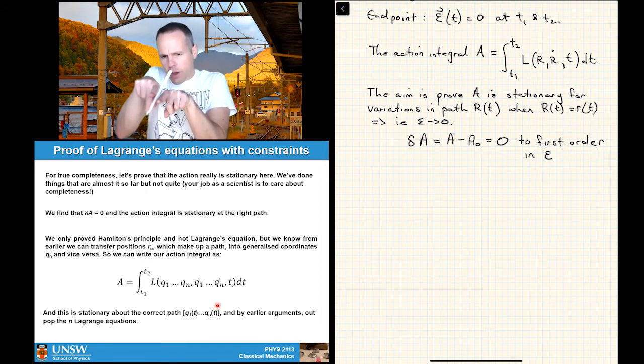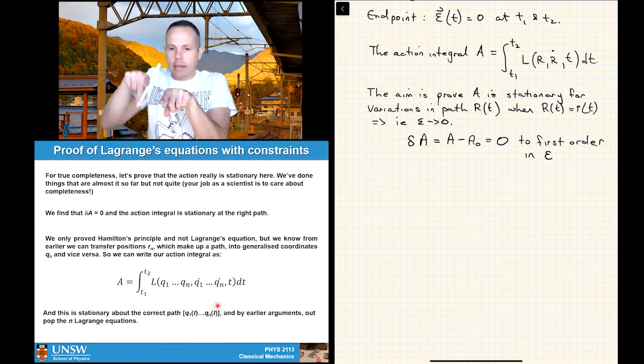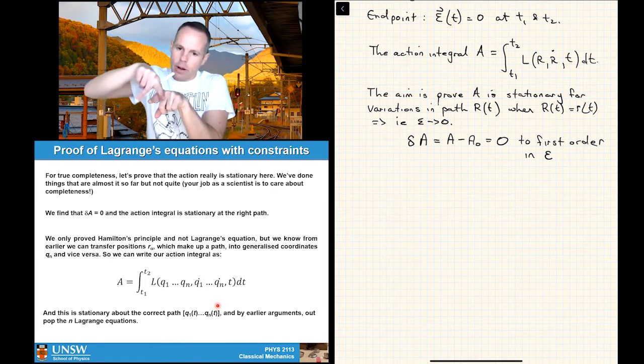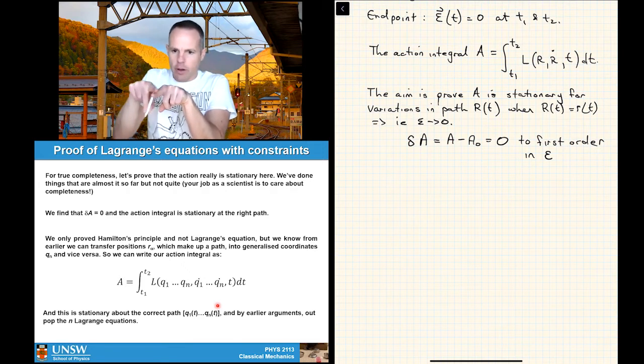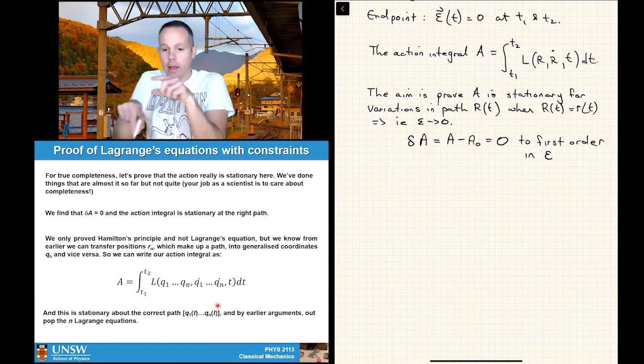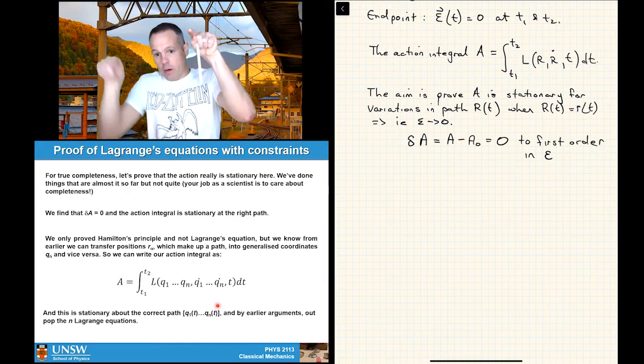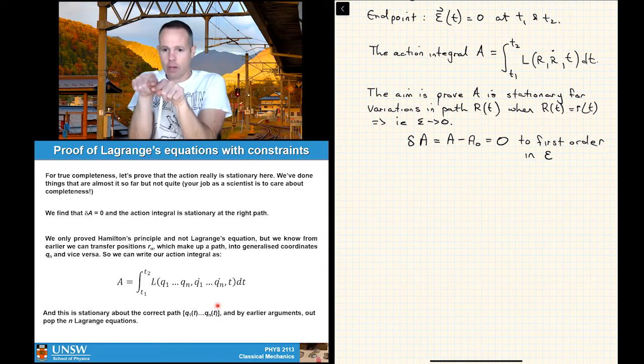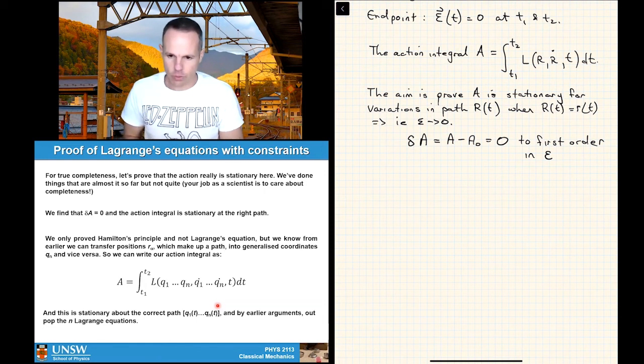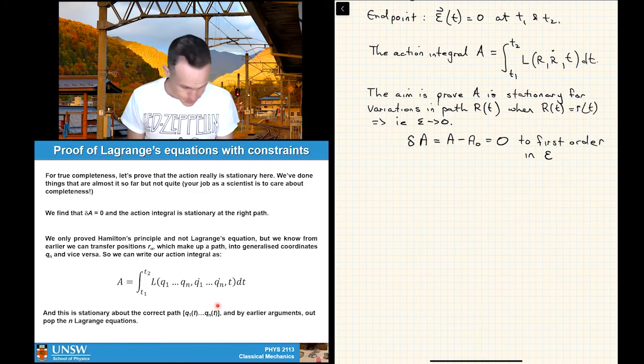If we move very slightly away from the correct position, we want the action not to change. And that would be the case when the gradient is equal to 0, right? If the gradient wasn't equal to 0, we would get some finite change. So we're actually looking for a stationary point. And it could be a minimum where the gradient is 0, it can be a maximum where the gradient is 0, it can be an inflection point. But either way, a very infinitesimal move to first order in epsilon will give you 0 change, right? So that's what we're kind of looking for here.